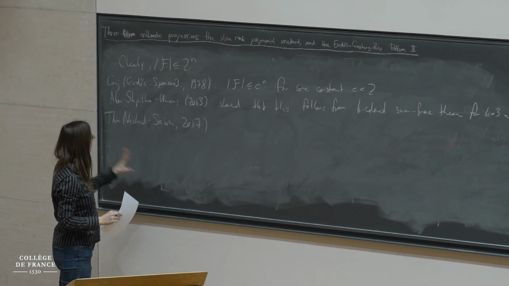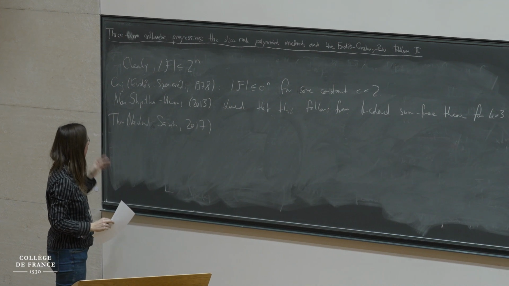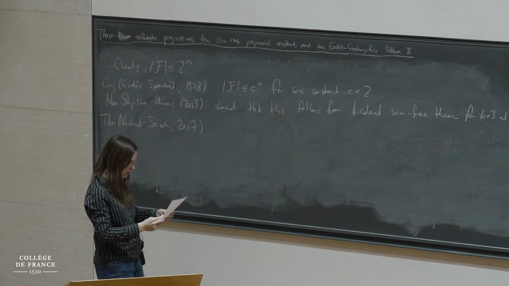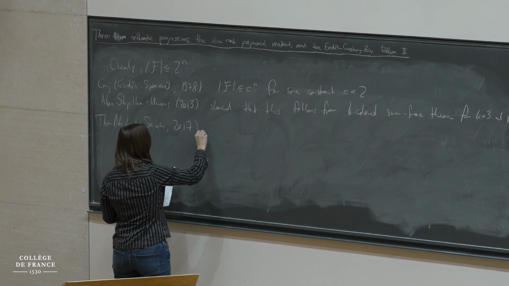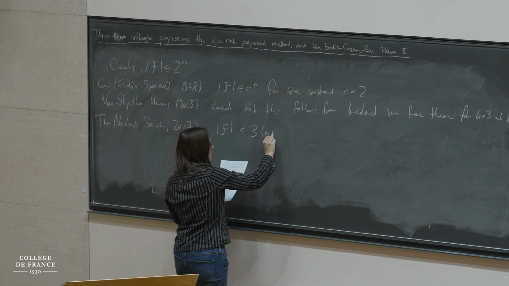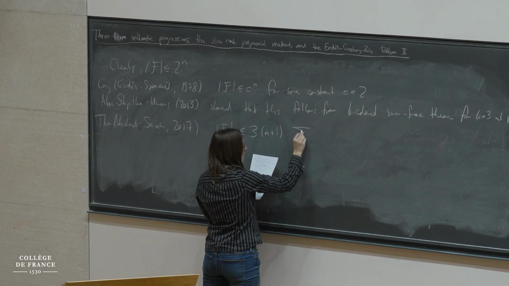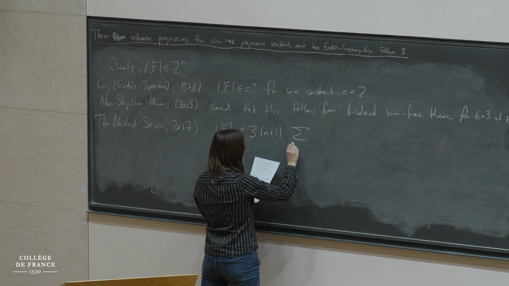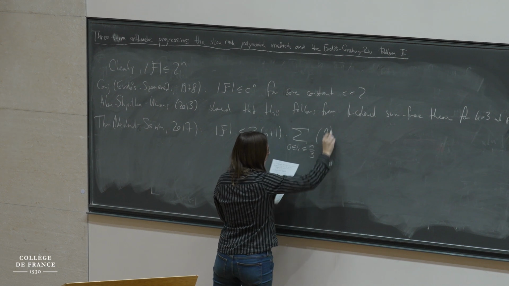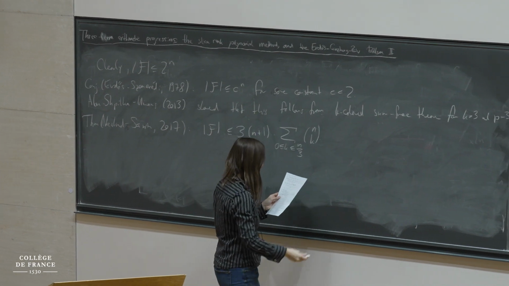So rather than going this detour, they directly applied the slice rank polynomial method, which was very new at the time, to this Erdös-Szemerédi sunflower problem. And then they showed the bound that the size of F is at most 3 times (n plus 1) times the sum over all binomial coefficients n choose k, where k ranges from 0 to n over 3.